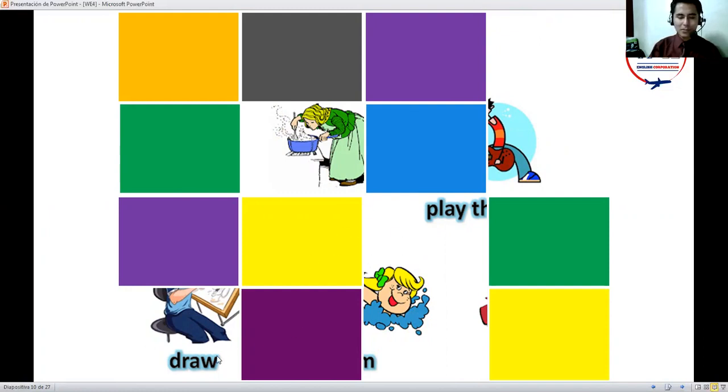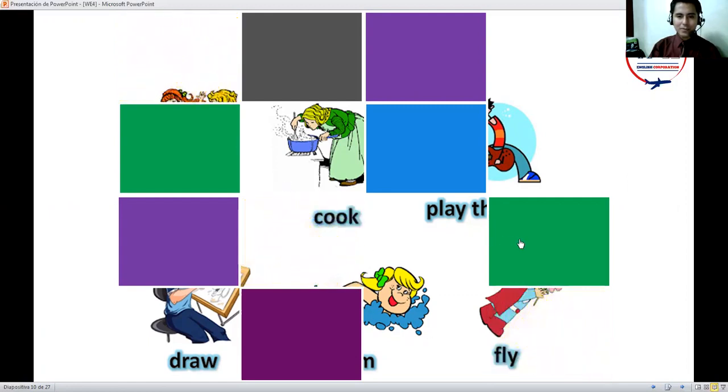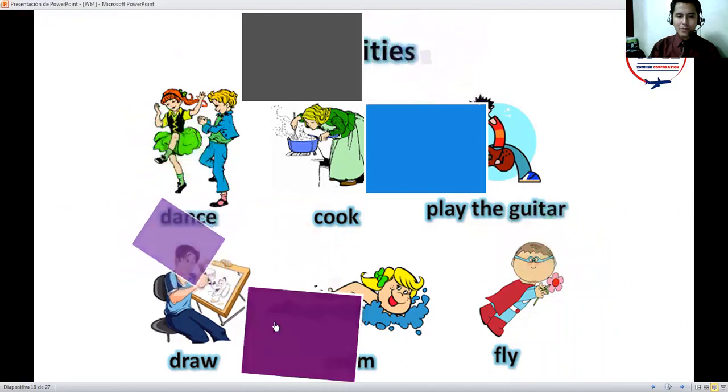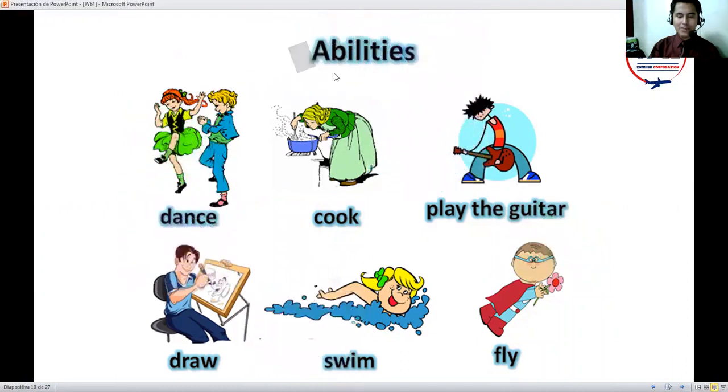For example, in this part, we have the verbs draw, play. Now in this part, maybe you can tell me what it is. Here we have yellow, green, purple, light blue, and gray. These are abilities. When we talk about abilities, they are things that we can do.